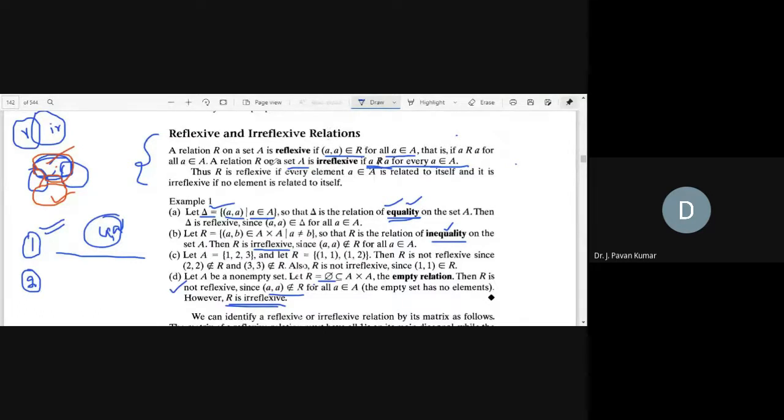The same relation we can represent in matrix form. So a reflexive relation, in the sense we will be having a comma a, that is 1 comma 1, with the corresponding entry 1. 2 comma 2 will have the corresponding entry as 1. 3 comma 3 has the corresponding entry as 1. Yes or no? If it is reflexive, then all these entries will be filled with 1.